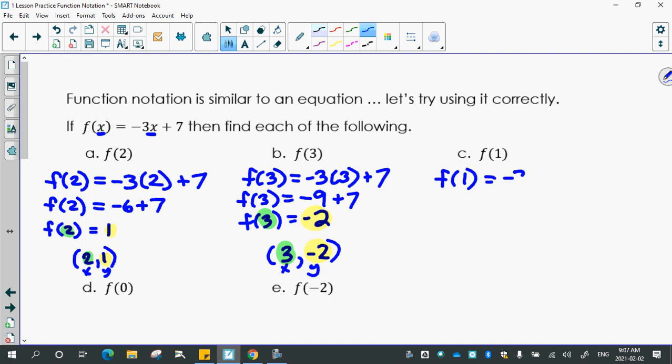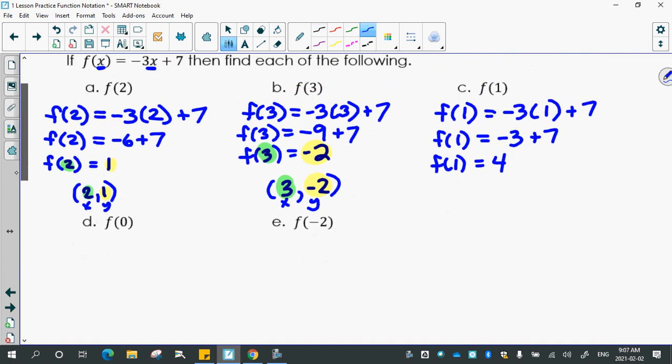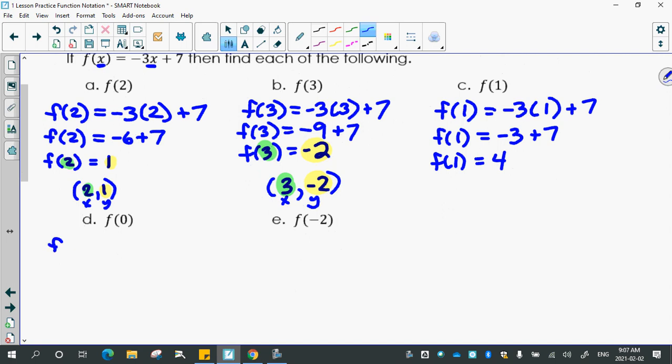f at 1. I'm going to replace x with 1. That's going to mean the point (1, 4) would be on the line. We'll test this out because you've got a graph below here. f at 0 is negative 3 times 0 plus 7, and that's just going to give you 7.